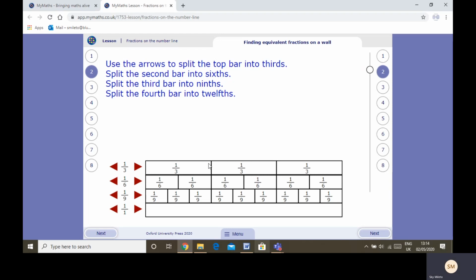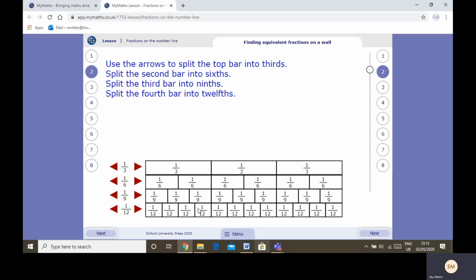Okay, we can see that the line is continuing down. 3/9 equals 2 sixths equals 1/3. All of these, 1/3, 2 sixths, 3/9, are equivalent fractions. And the final one we're splitting into twelfths.